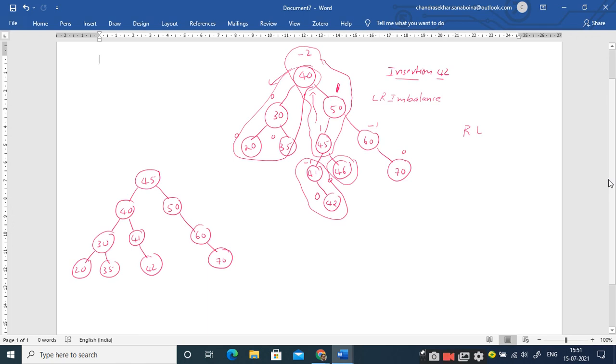It becomes the left child of 50, right? Super. Now if you calculate the balance factors, is it balanced or not?